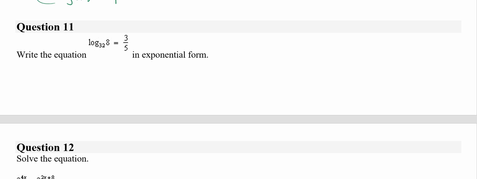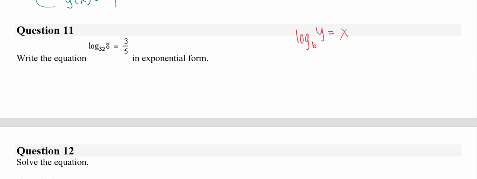Okay, now we have a log and we need to go to exponential form. So same idea, log with a little base b. Okay, just switch it over to exponential. You're going to find the base, the b, the base for the power. It becomes big again.